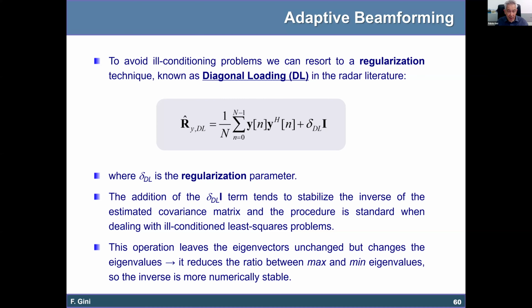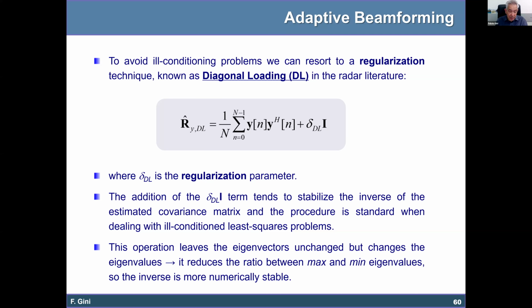The effect is that basically you reduce the conditioning problem of the matrix, because a measure of the conditioning is what is called the condition number, the ratio between the highest eigenvalue and the lowest eigenvalue.